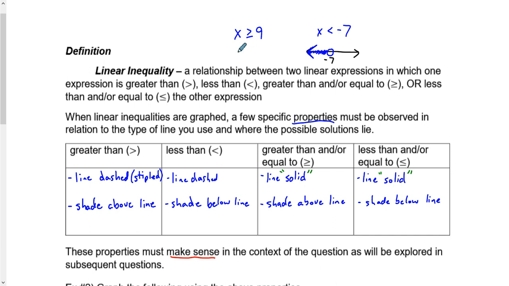Whereas when we had 9, greater than or equal to, we used a solid circle.